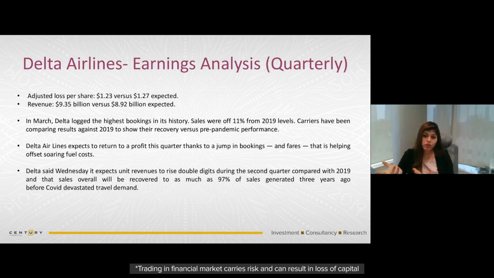Which is a big positive. And they are also expecting their revenues on a quarter basis to, in fact, rise double digits. So, keeping all of those aspects in mind, the Delta Airlines stock performed very well after their earnings were out.